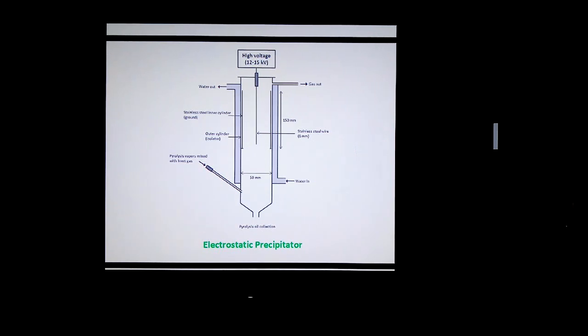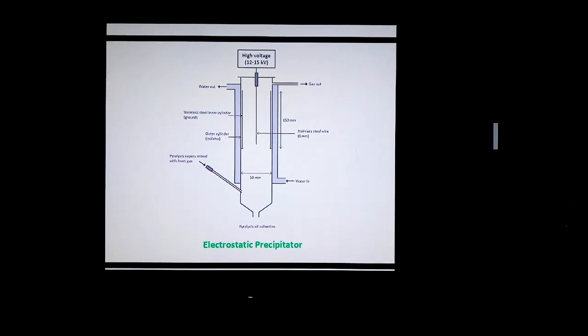ESP. There are two electrodes in this. You can see in the diagram also. One is positively charged while the other is negatively charged. When the waste gas is passed through these electrodes, the particulate matter gets precipitated on one of the electrodes.